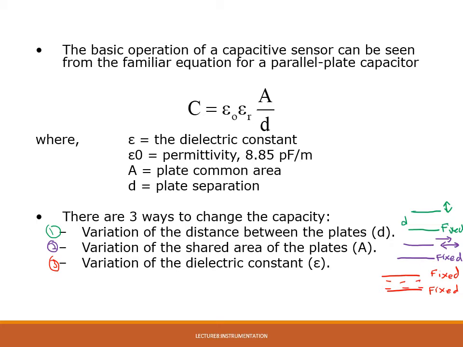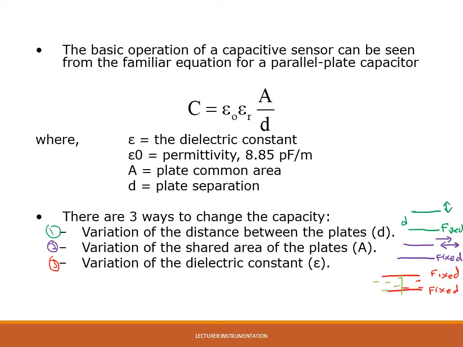Maybe at first it is only air, then suddenly it will consist of air plus something. Maybe half of that will become another liquid, a combination of liquid plus air. So it means the dielectric material between the plates changes.